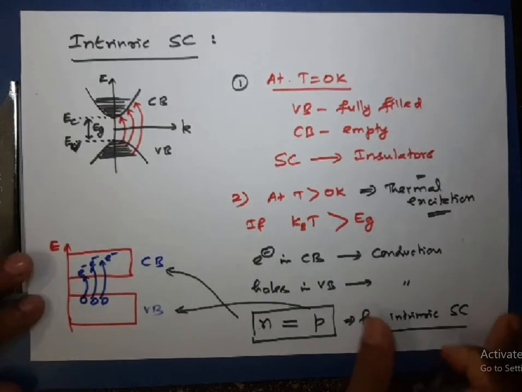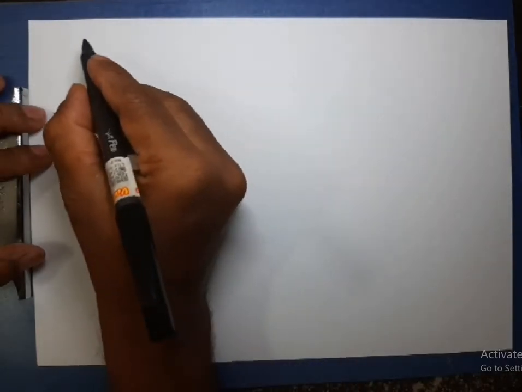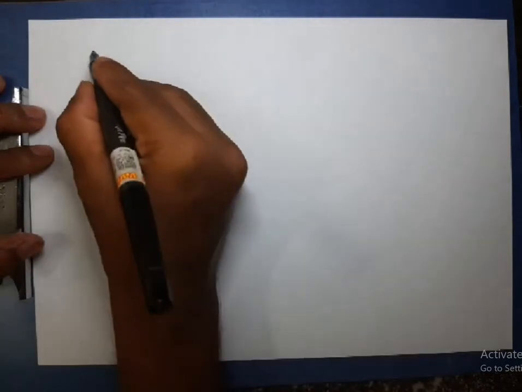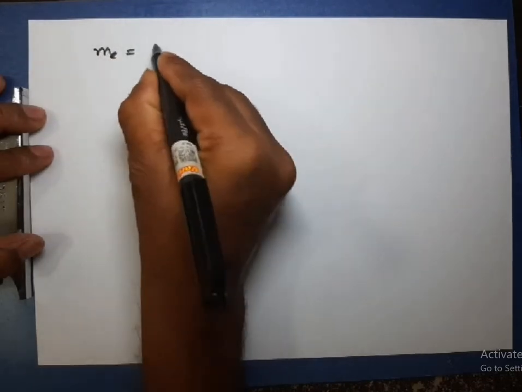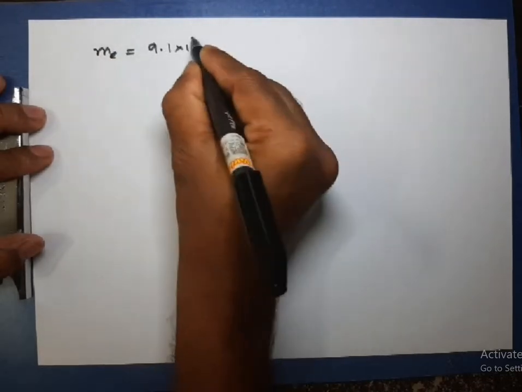Then the next important point that I'd like to discuss here is what about the mass of electron in conduction band and mass of hole in valence band? Are the masses exactly equal to the rest mass of electron? You know very well, rest mass of electron is 9.1 into 10 to the power minus 31 kg.